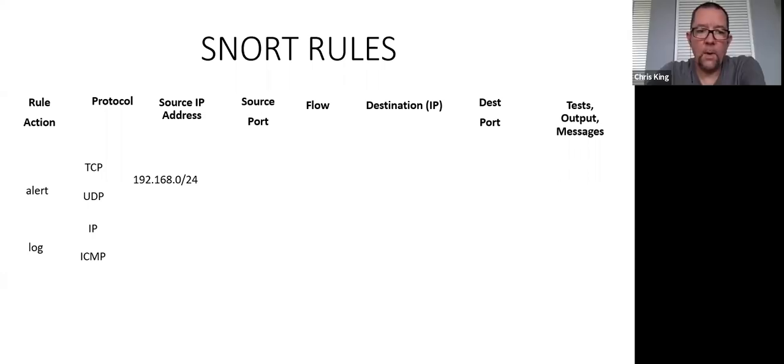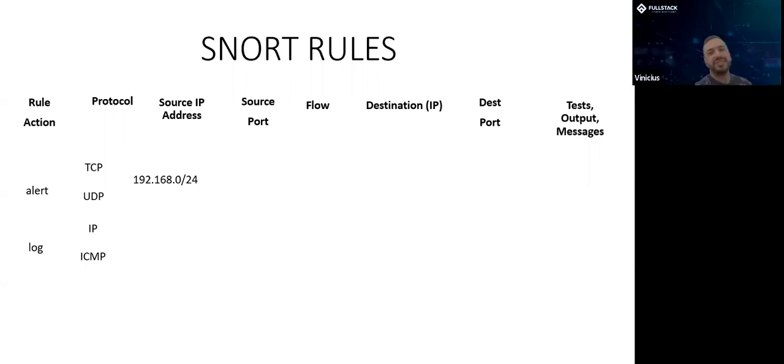All IPs at 192.168.0. Yes, correct, in this range, all of the 250-something numbers, the variations. What about this one? Just a specific address, right? Just this IP address specifically.